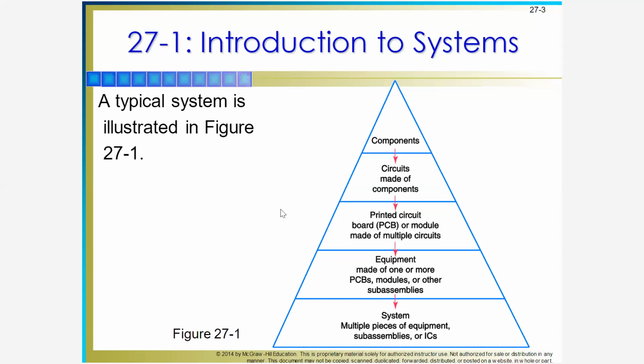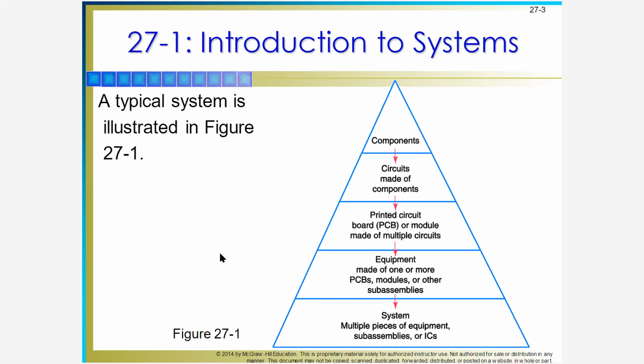Then you have equipment made of one or more PCBs or modules. A module is a combination of all the PCBs in one. For example, if you work as an instrument technician, an example is a PLC, a programmable logic controller. Modules are combinations of PCBs, made of multiple circuits.